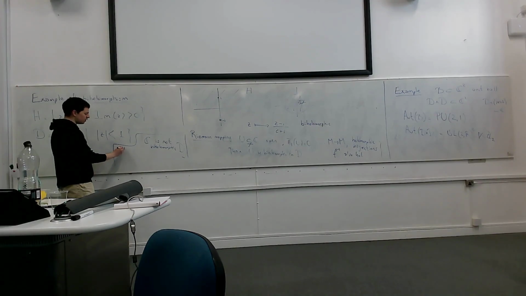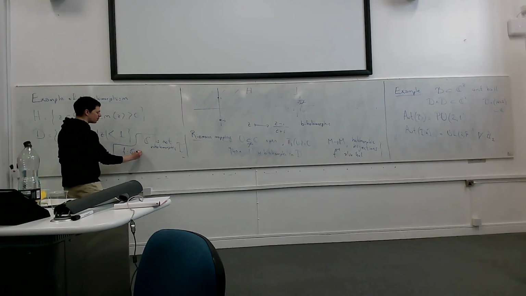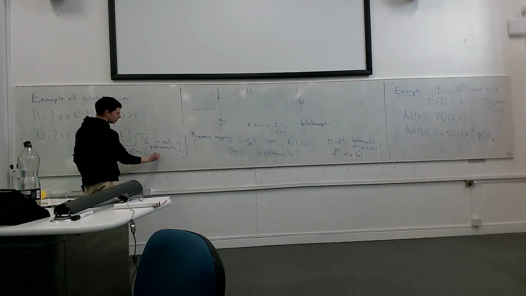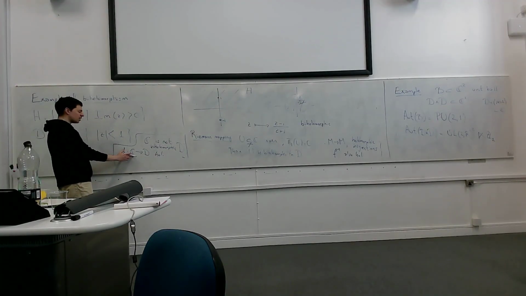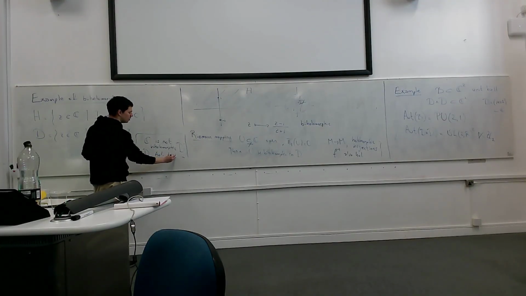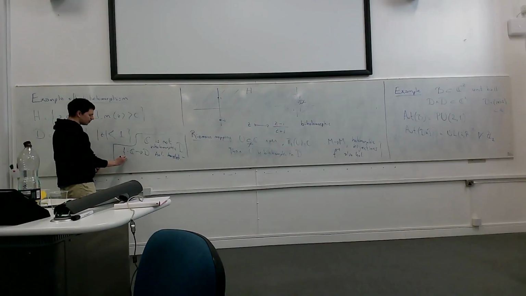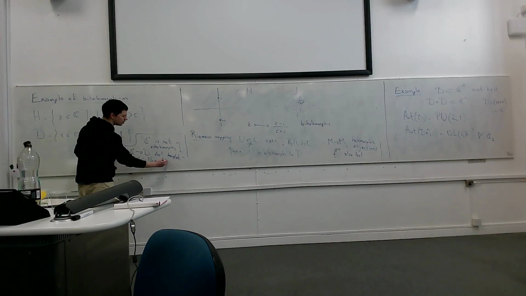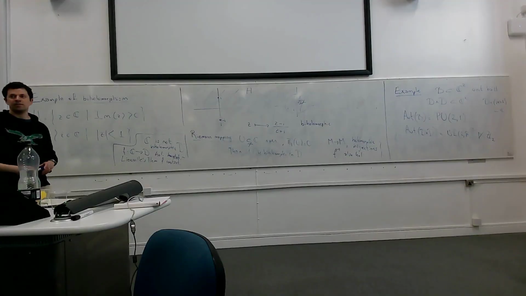This is easy: if you have any holomorphic map from C to the unit disk, it's an entire holomorphic function, defined on the whole of the complex numbers, and because it takes values in the disk, it's bounded. Then Liouville's theorem says that f is constant. So these are again examples that are not biholomorphic.